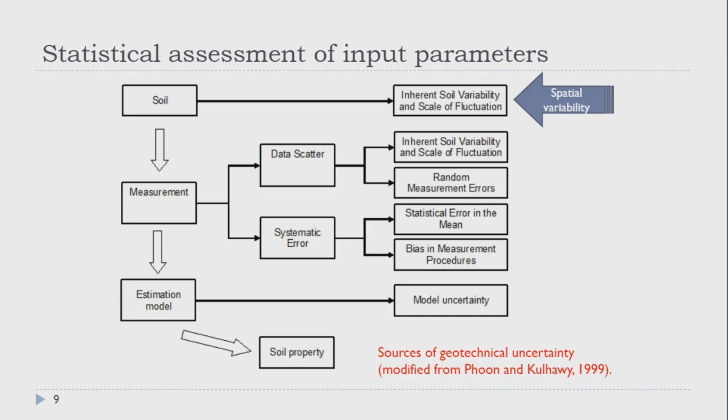And of course, we can also have uncertainties related to estimation models. All these components, as described by Phoon and Kulhawy, add up, and in the end, we have a soil property uncertainty. So how can we define these uncertainties to use as input parameters in our slope stability model?